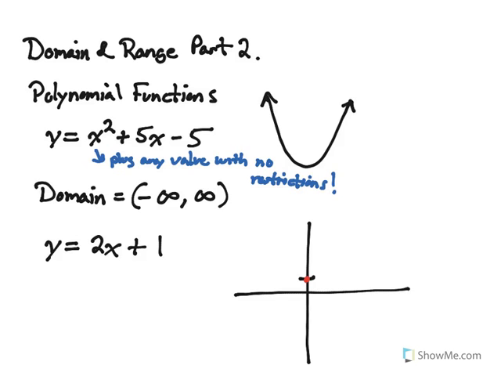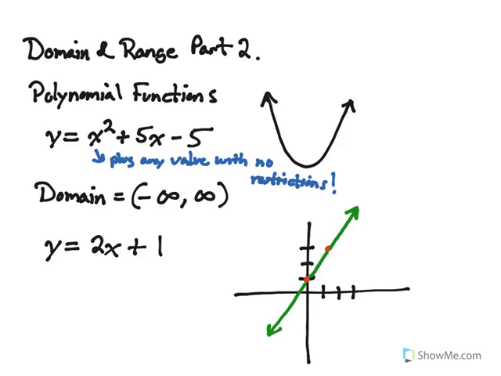And then the slope is going to be 2, so that means you go up 2 over 1. I had videos on how to graph lines, how to graph linear functions in the slope-intercept form. So when you graph it, you're going to get a straight line that's just going to go on forever.